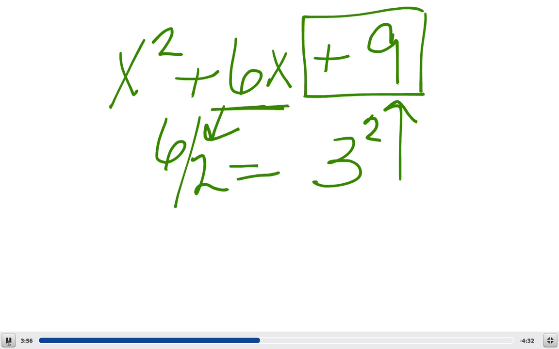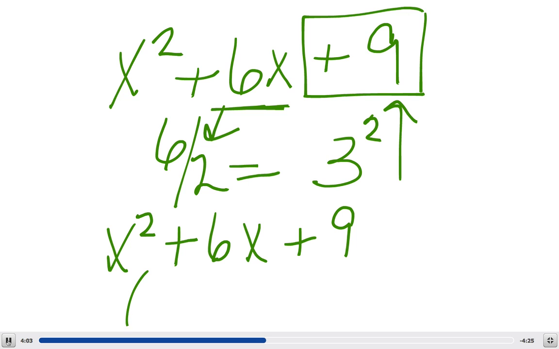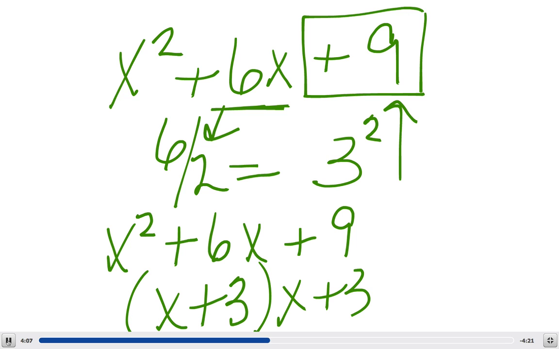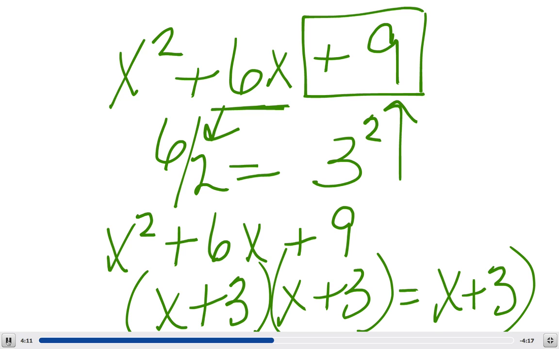Now, that means that I can rewrite x squared plus 6x plus 9 into 2 factors of x plus 3 times x plus 3, which means I can then rewrite it as x plus 3 squared.